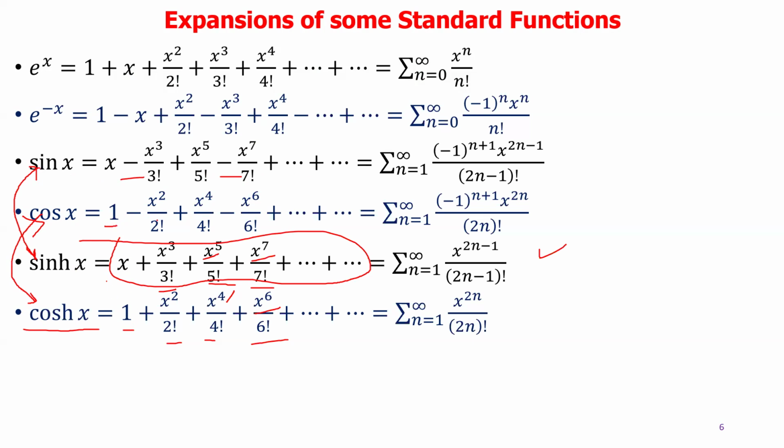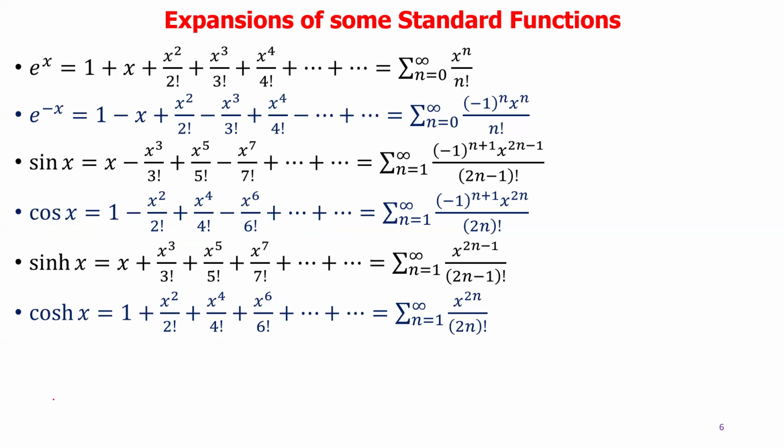So 1 minus x square upon 2 factorial becomes 1 plus x square upon 2 factorial, plus x to the power 4 upon 4 factorial. All negative terms become positive terms. So the expansions of cosine hyperbolic x and sine hyperbolic x can be directly obtained with the help of the expansions of sine x and cos x for ready reference.